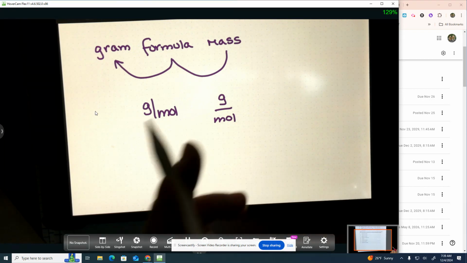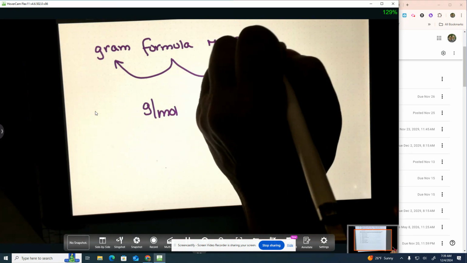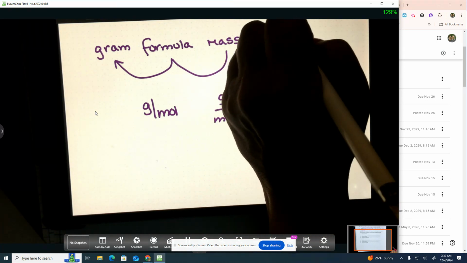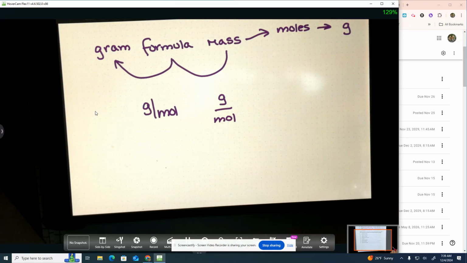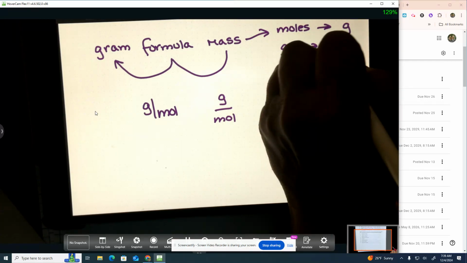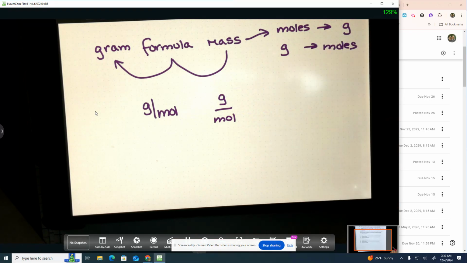This is what the gram formula mass allows you to do. It allows you to translate between moles and grams, and between grams and moles. So if they give you moles, you can find grams. If they give you grams, you can find moles. Everything we do, calculation-wise in chemistry, is done in moles. But they're going to give it to you in grams.